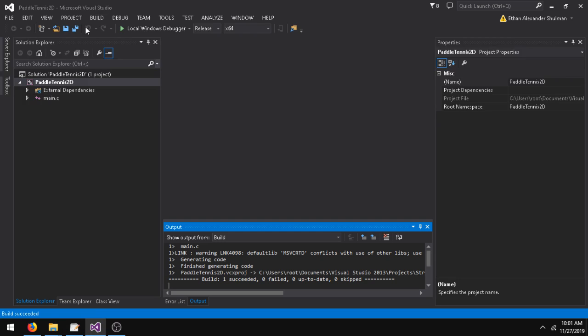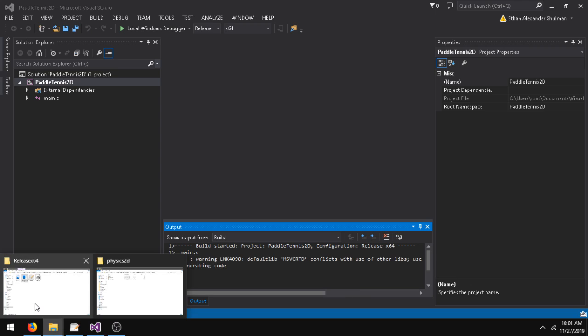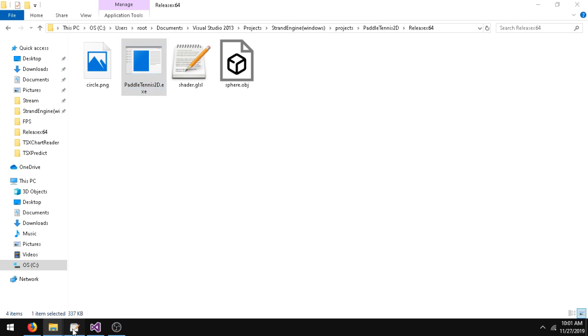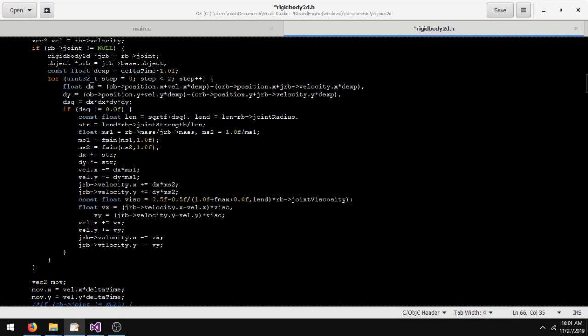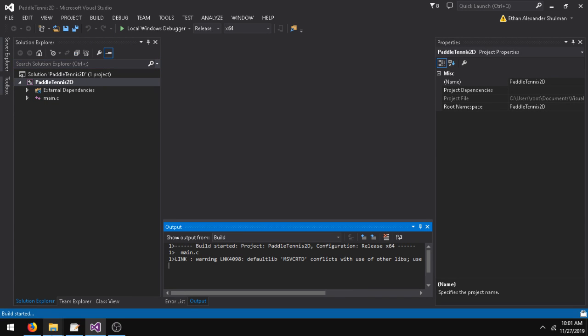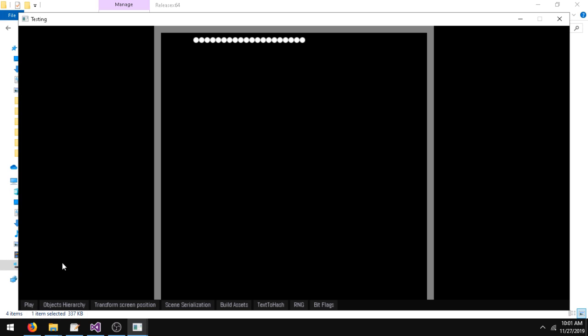This should have the effect of increasing joint strength. So try doing 10 steps so there's actually a big effect. Interesting.